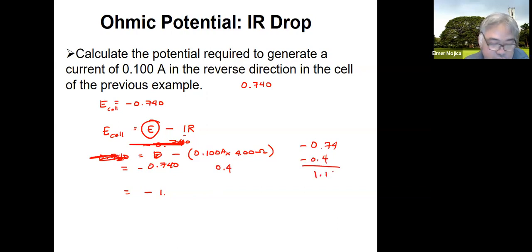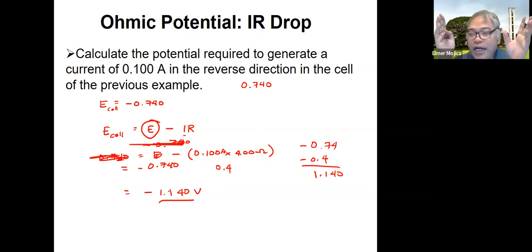Isn't it this one? So you might say negative. This is smaller. But remember, the sign here is just telling us if there's an energy that is generated or energy that you need to apply.